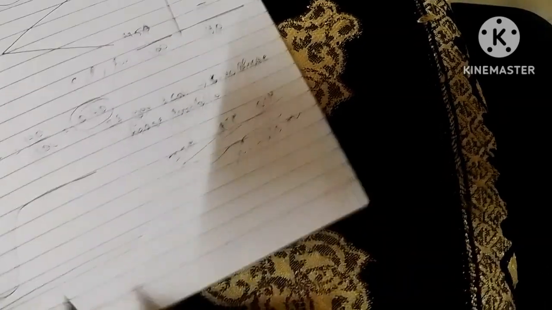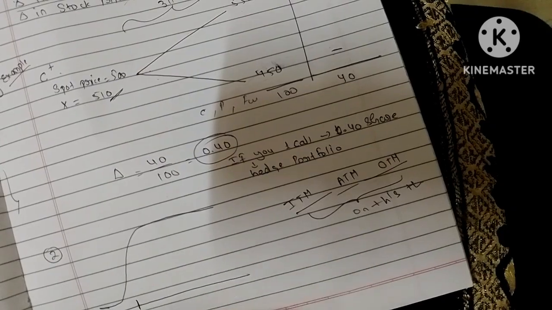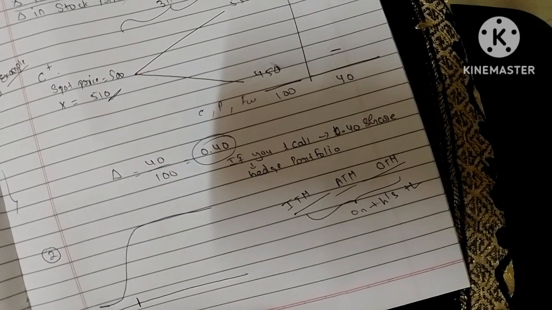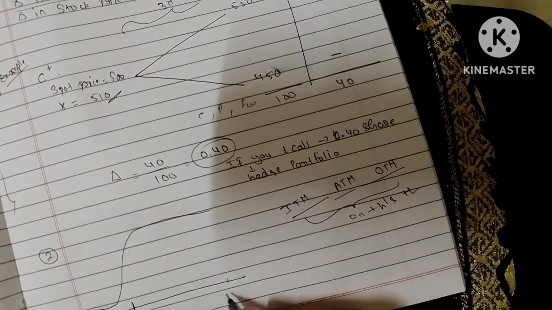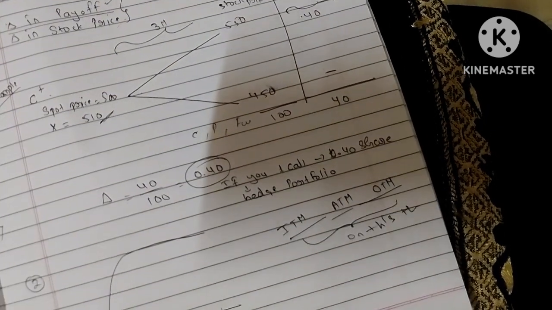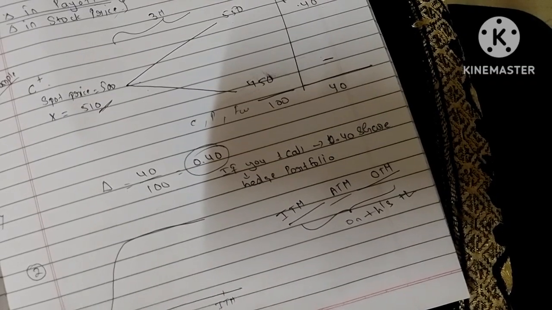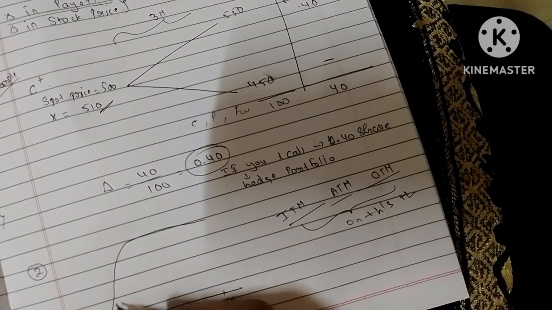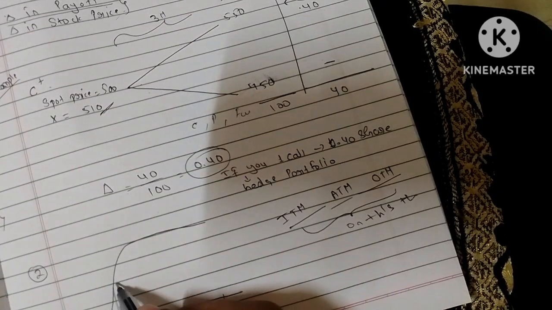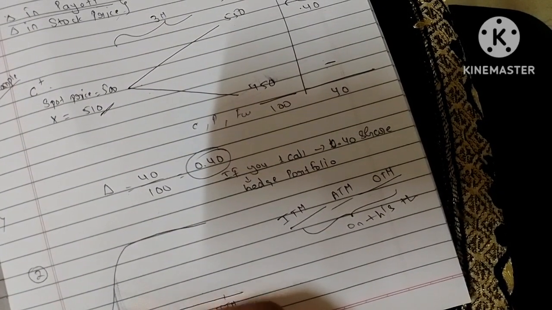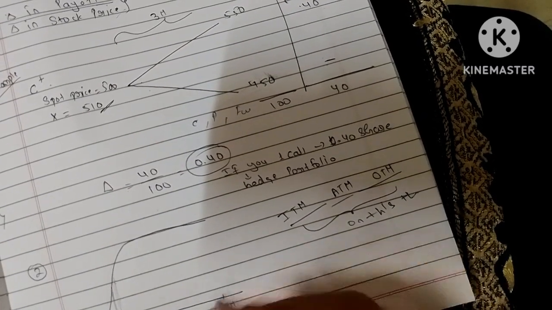How are we going to determine these? If the spot price is 500 and we purchase a call option at 510, it is a kind of in the money.